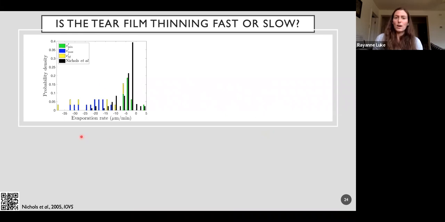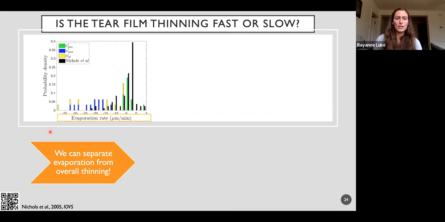Something else we look at are thinning rates, both evaporation and overall thinning. So first of all, the plot on the left is our evaporation rate. And first I'll mention again that this is new, that without modeling, you are not able to separate the effects of thinning from evaporation from overall thinning.